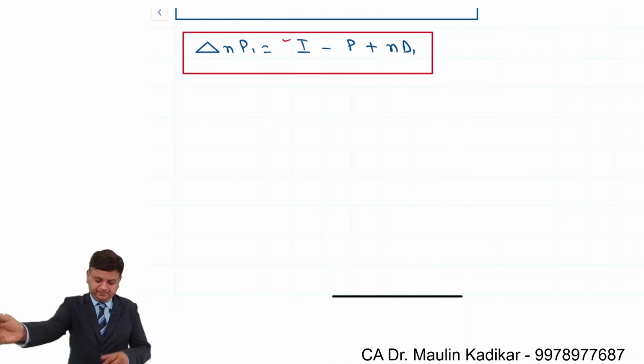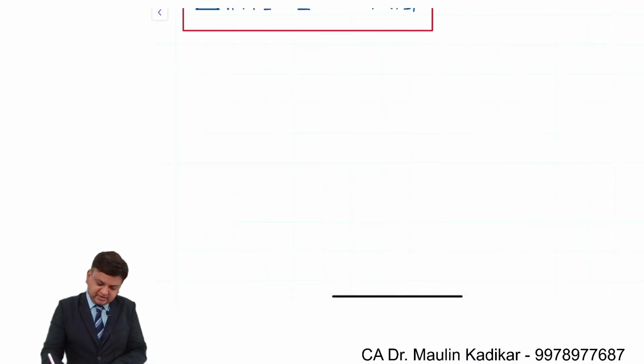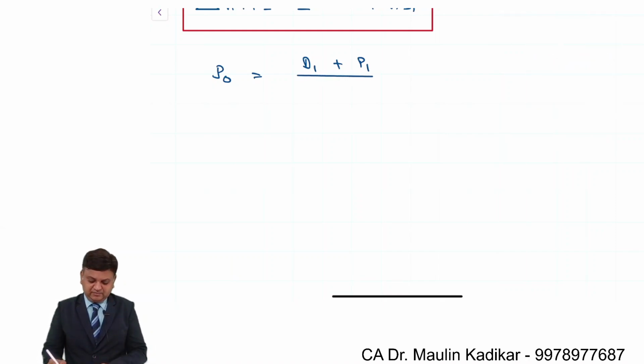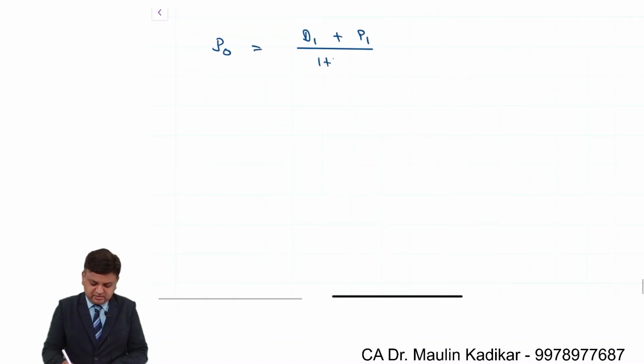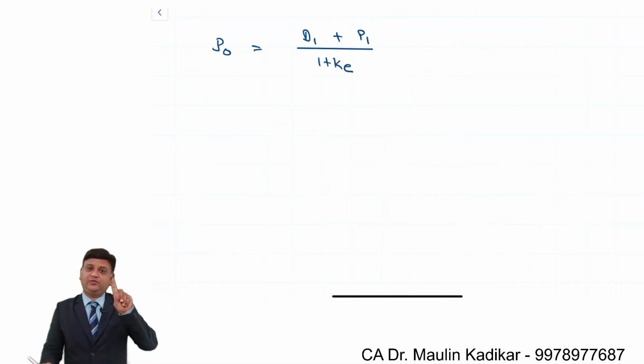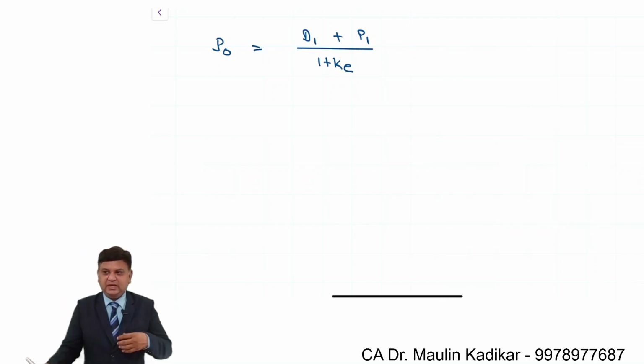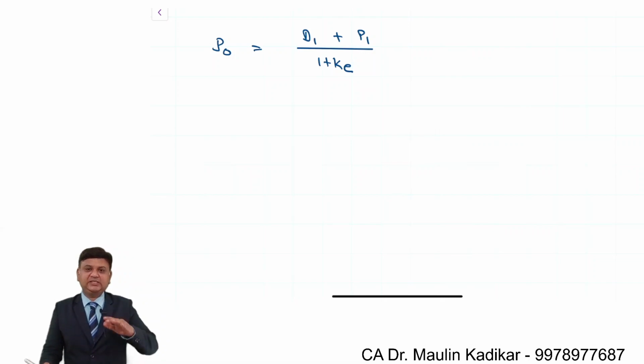Now going further, dear students, we have already understood that the current market price of the equity share is equal to the dividend income that the investor is going to receive at the end of the year plus the price of the equity share at the end of the year, divided by 1 plus K. This is for one share, the end of year 1 cash inflow discounted. Now instead of one share, let us say I am talking about the entire company.